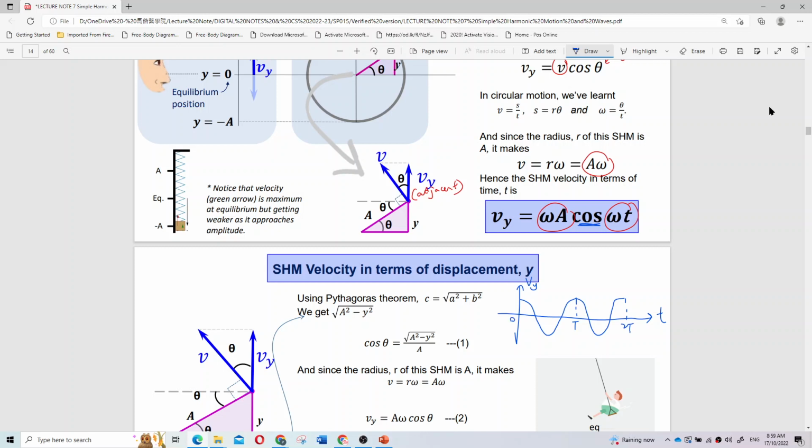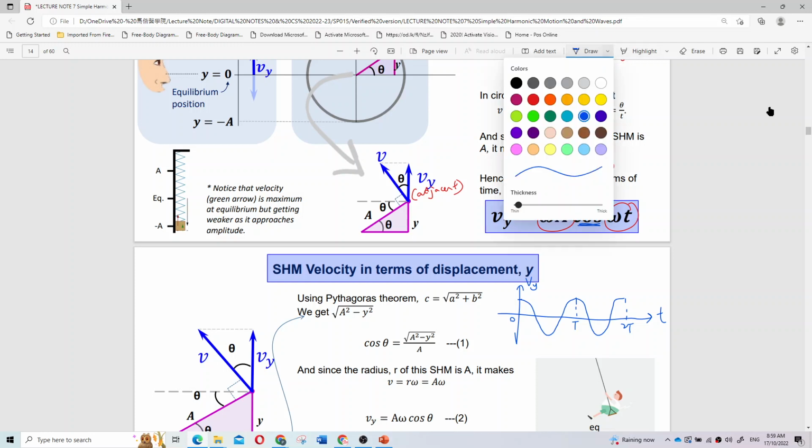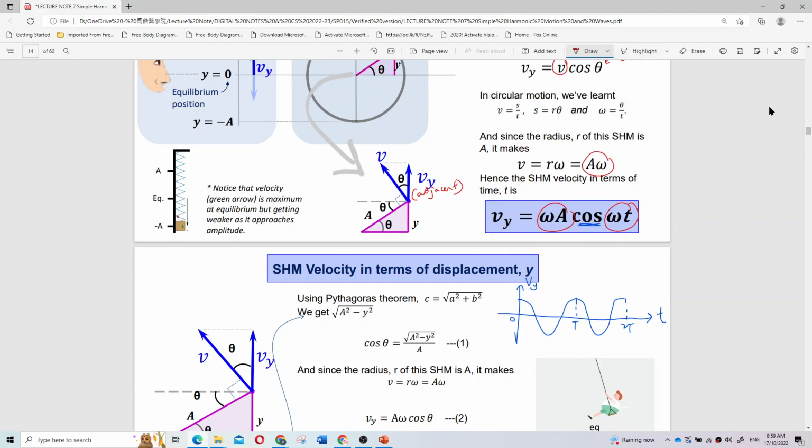So what is the maximum velocity? So this is the Vmax. The Vmax is A omega. So this is actually A omega, and here is negative A omega. A omega is Vmax.